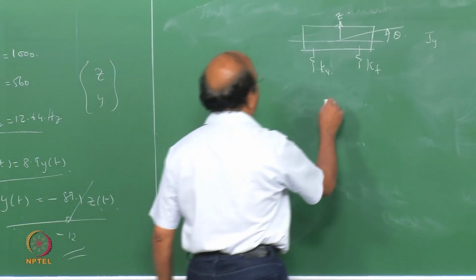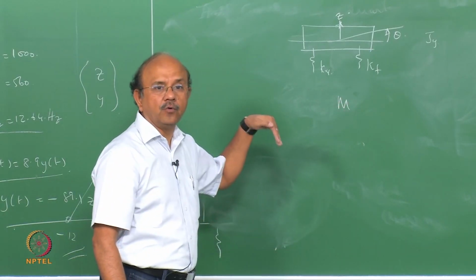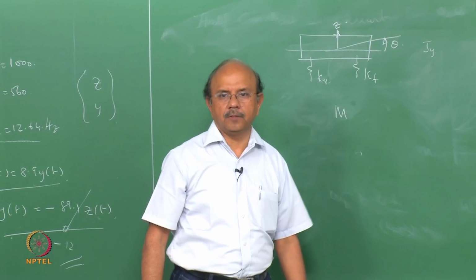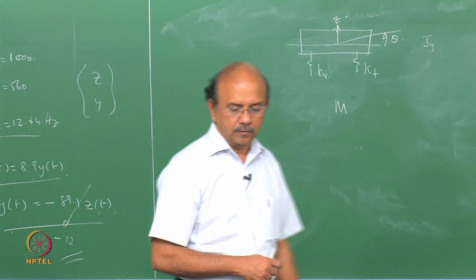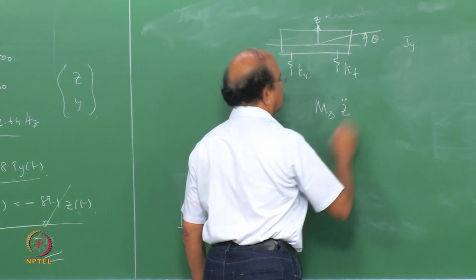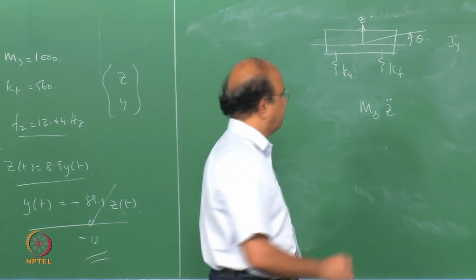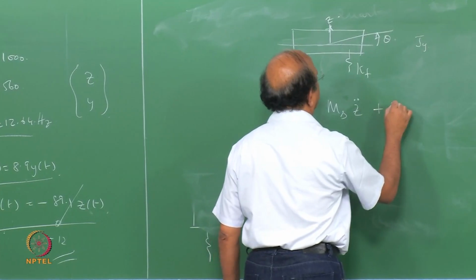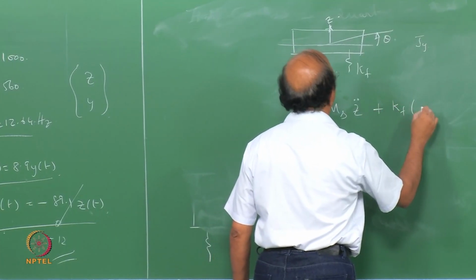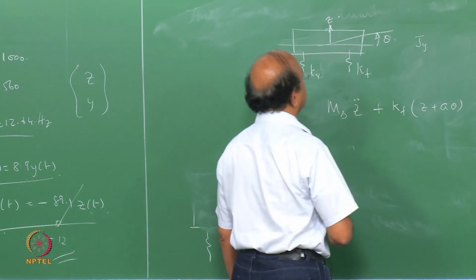We have neglected the MUS, so that is MS. So: MS Z double prime plus KF into Z plus A theta.